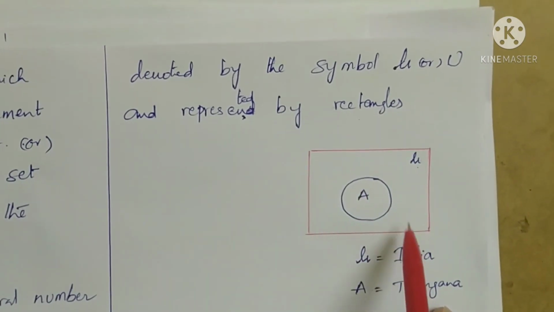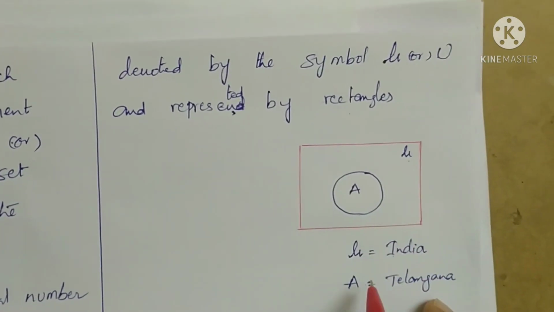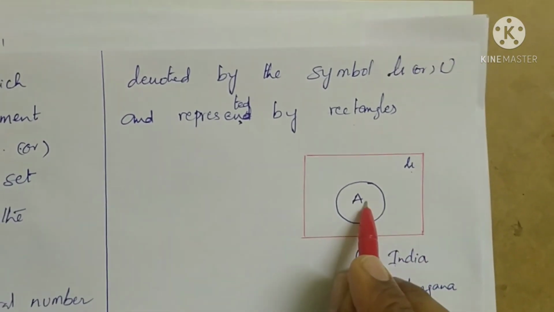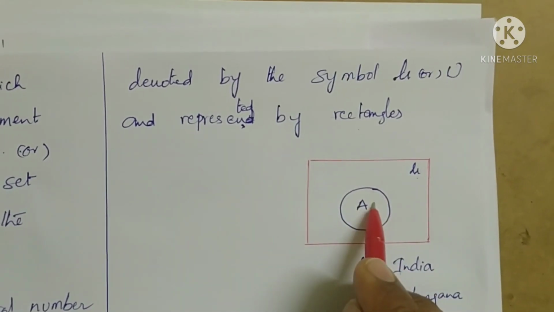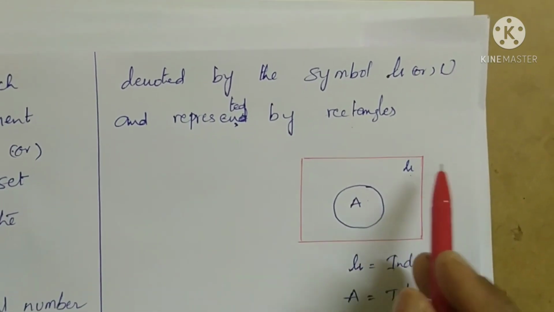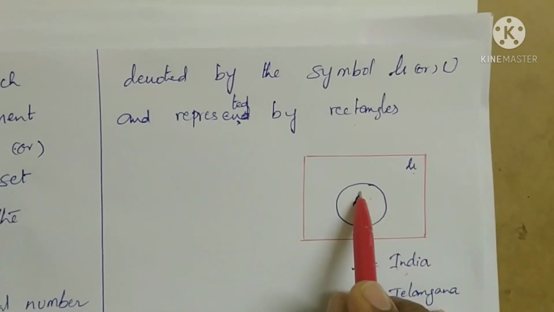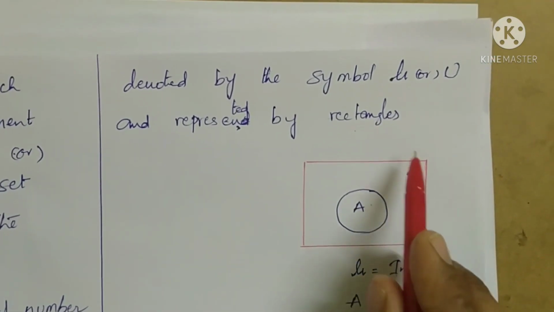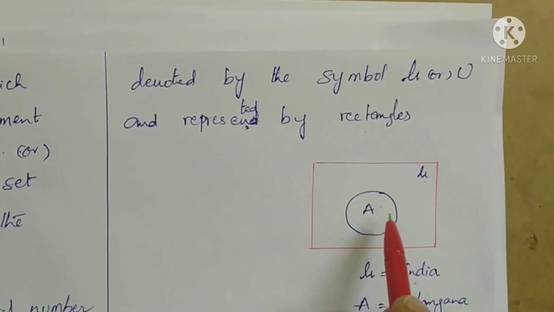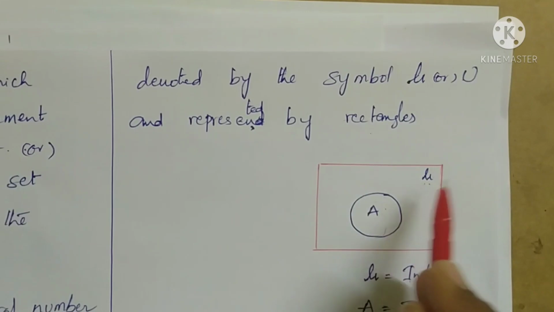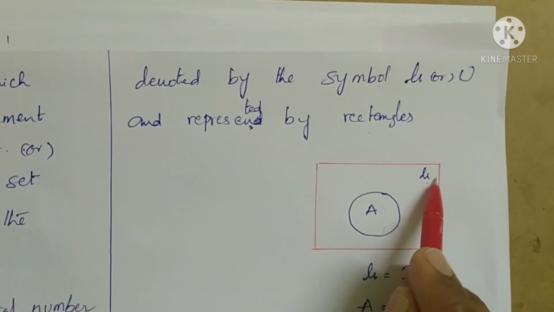It contains all elements. A is Telangana, which is one of the parts of India. So mu is India, A is Telangana. Mu contains all types of elements and objects, and A is one of the parts of mu. So here mu is the universal set.